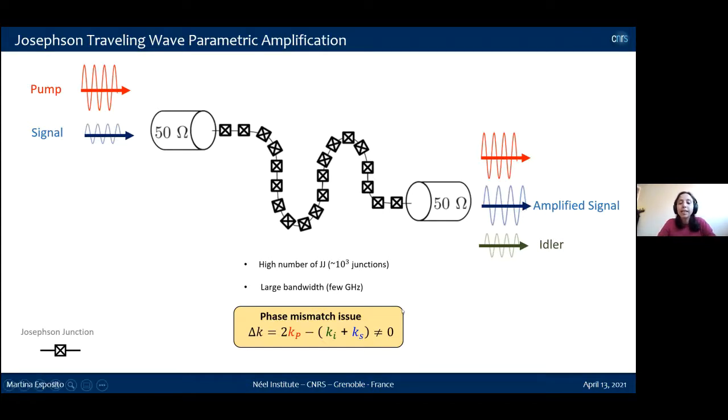However, it's not so easy to develop them, because one of the main issues is the phase mismatch issue. This is a critical issue in the development of traveling wave parametric amplifiers. And in this talk, I'm going to show you a new way that we developed here in Grenoble to solve this issue of the phase mismatch in two parts.